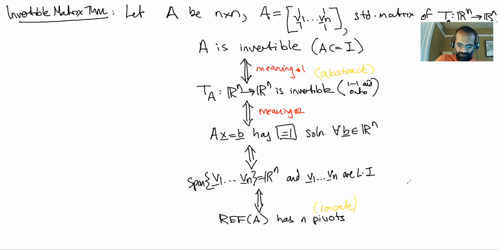In fact, this gets even a little bit wilder. You now know, remember the Goldilocks theorem. The Goldilocks theorem says that when you have n vectors in Rn, you have a lot of equivalences. Being one-to-one and onto is the same thing as just being one-to-one, and is the same thing as just being onto.